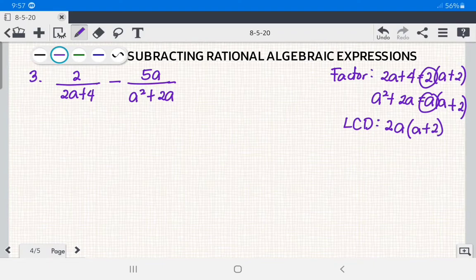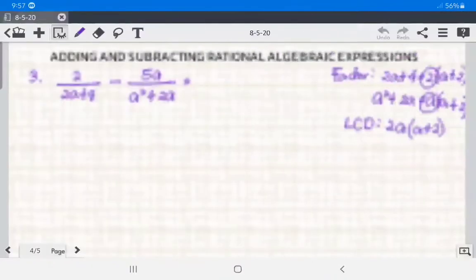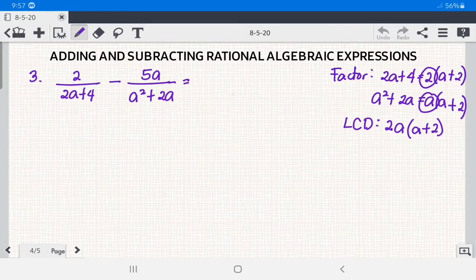Now, it is better if we make use of the LCD in factored form. So we have here the LCD, which is 2a times a plus 2, right?